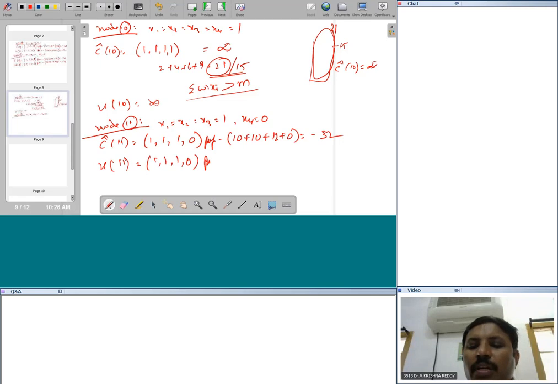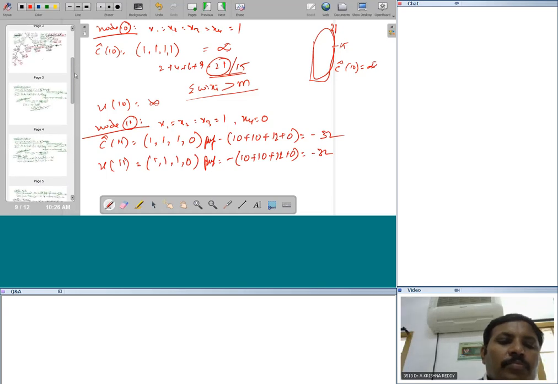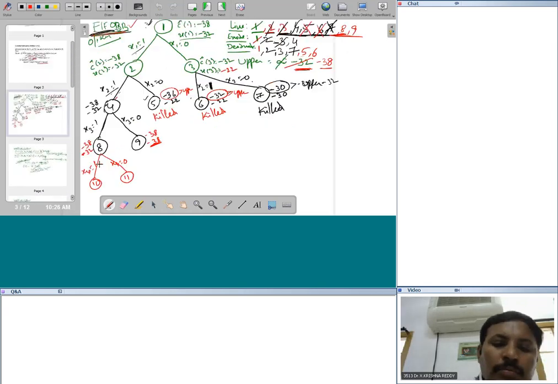Profit value calculation is also 10 plus 10 plus 12 plus 0, minus 32. So for 11, it is minus 32, minus 32. For 10, C cap value is infinity and the upper value is also the same.